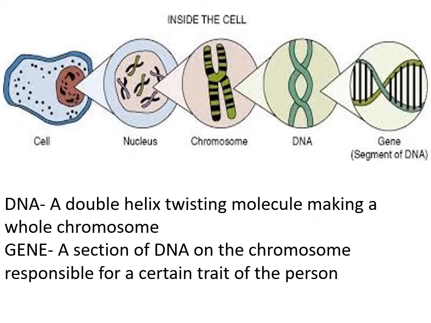And there's going to be hundreds and hundreds and hundreds of genes that will code for specific information that can then be expressed as a protein or some kind of genetic expression in the body. Okay, so a gene is a segment of DNA. Where is it? It's on the chromosome. Where's the chromosome? Within the nucleus of the cell.